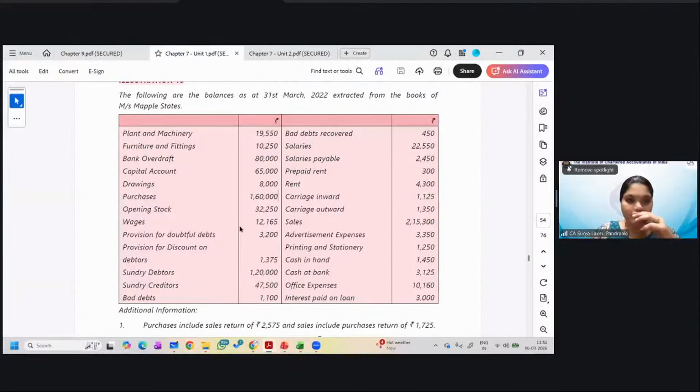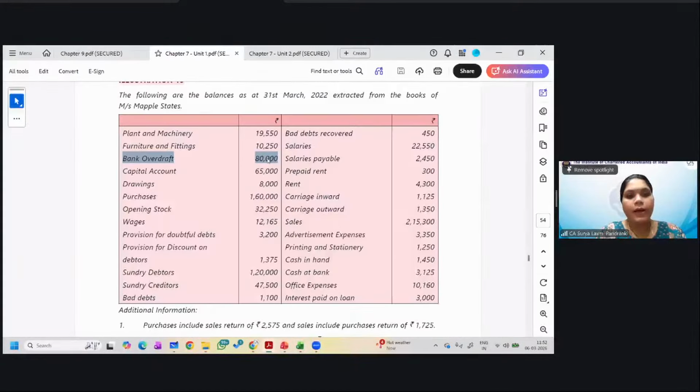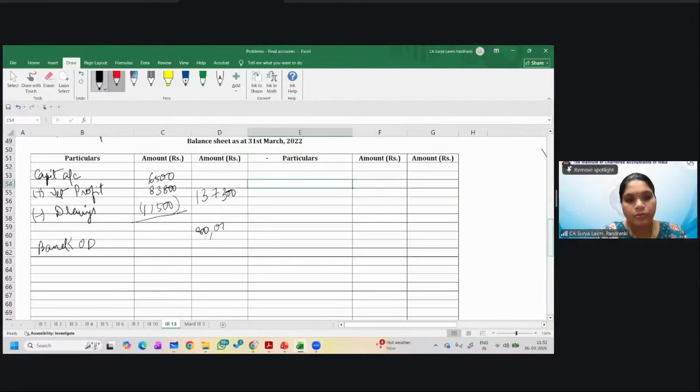Done. Okay. What else have to be taken on the liability side? We have sundry creditors also on the liability side, and we also have bank overdraft. Both have to be taken, correct? Bank overdraft. How much is the bank overdraft? 80,000.